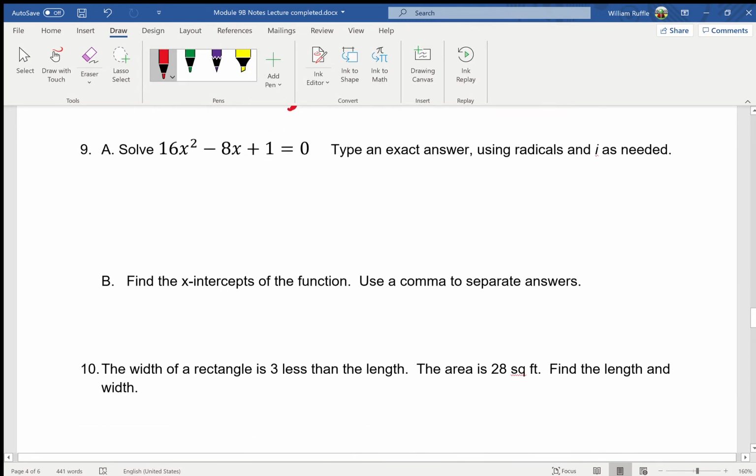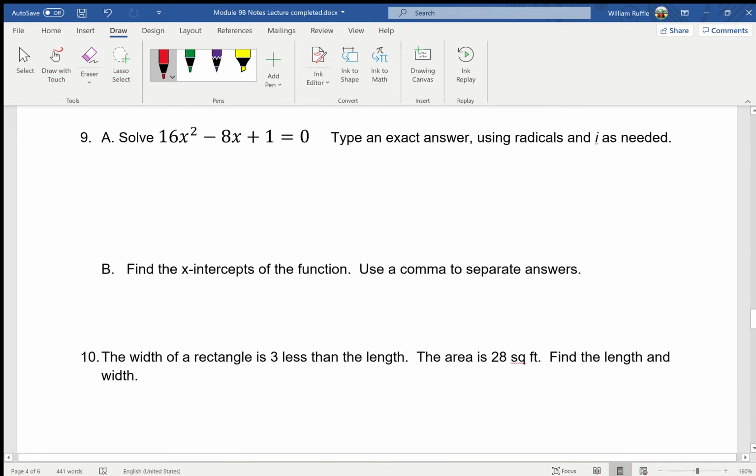Now, the next one here, we're going to type exact answers again, so we have to use the quadratic formula. Again, a is 16, b is negative 8, and c is 1. So it's negative 8 plus or minus the square root of negative 8 squared minus 4 times 16 times 1, all over 2 times 16.